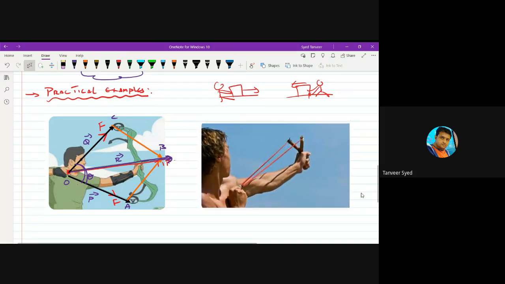You have two rubber strings. You hold something, some stone or marble here, and pull it back. Thereby, you are creating tension in the string. This is one tension. This is one tension. And when you leave the marble or that stone, it follows this path, which is again the resultant diagonal of the two sides, the diagonal of the parallelogram formed by those two vectors.